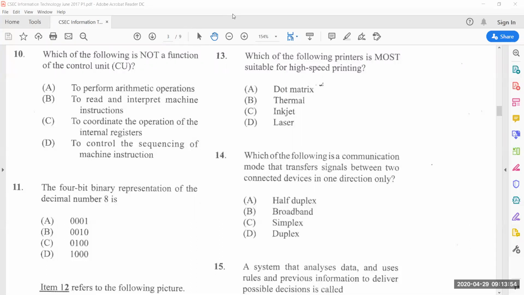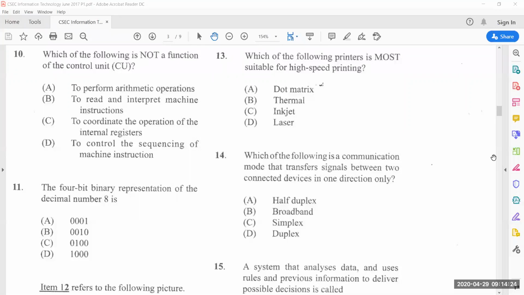Miguel, are you there? Dominic, are you there? Yes. Okay, Dominic, what answer do you have for 13?